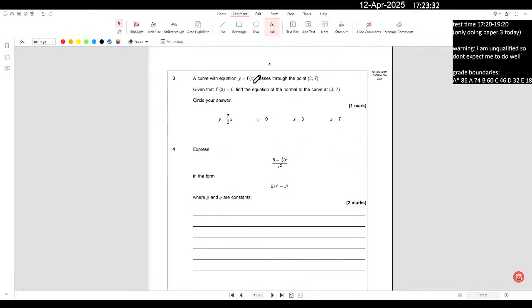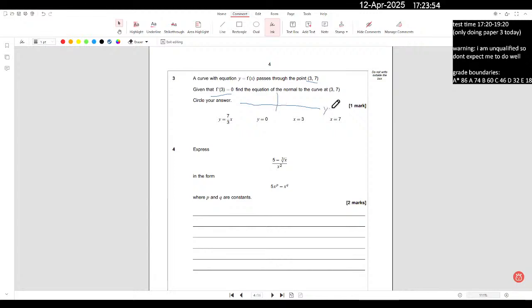A curve with equation y equals f(x) passes through the point (3, 7). f'(3) equals 0. So dy/dx when x equals 3 is 0, meaning it's no gradient, it's a straight line. Find the equation of the normal to the curve at (3, 7). So the normal is perpendicular.